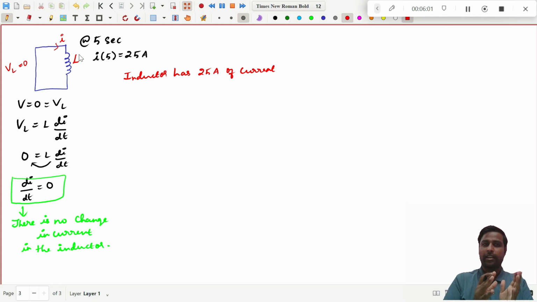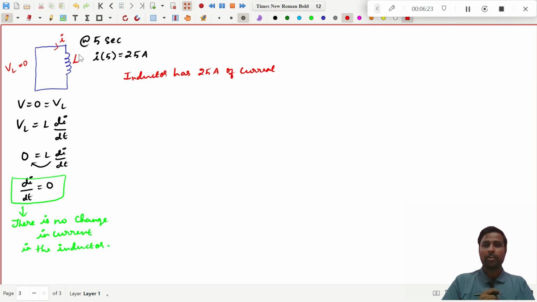But I have not given the expression for how much energy this inductor can store. That we will derive. What is the expression for the energy stored in the inductors? That we will see with the continuation.